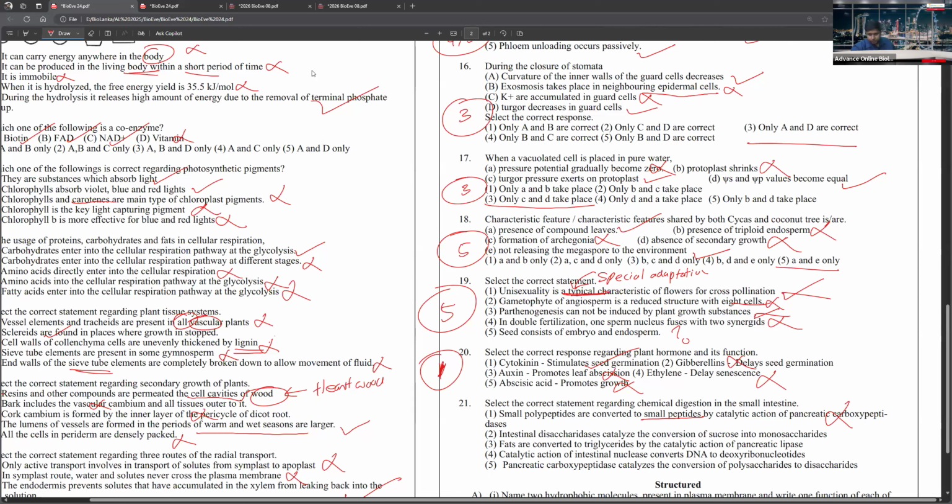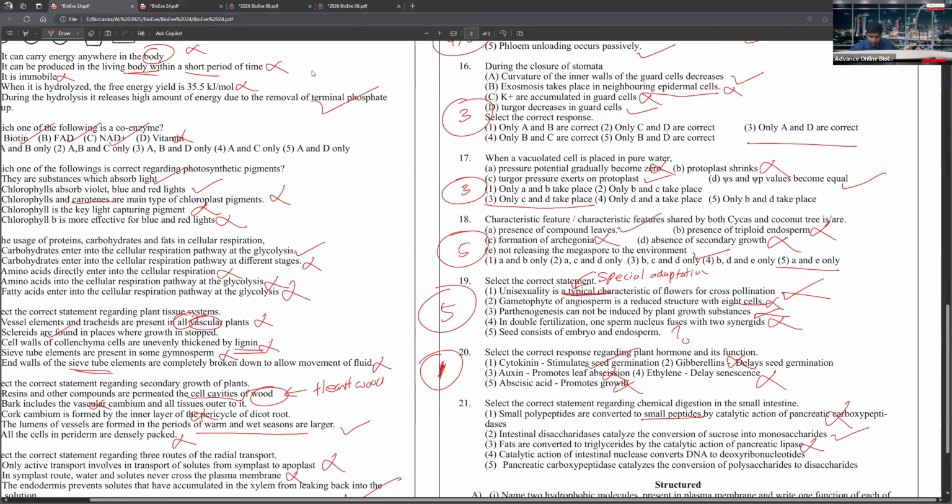Second one, intestinal disaccharidases catalyze the conversion of sucrose into monosaccharides. Correct. Fats are converted to triglycerides by the catalytic action of pancreatic lipase. Wrong. Fats are converted to fatty acids, glycerol, and monoglycerides.